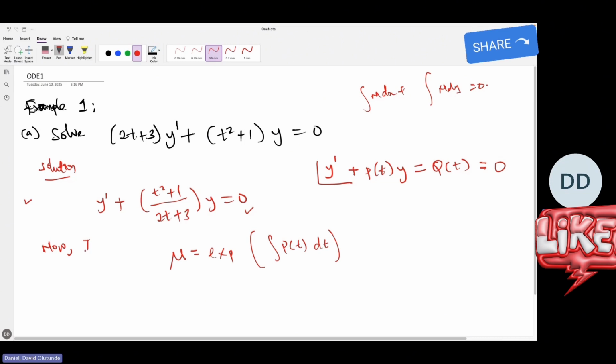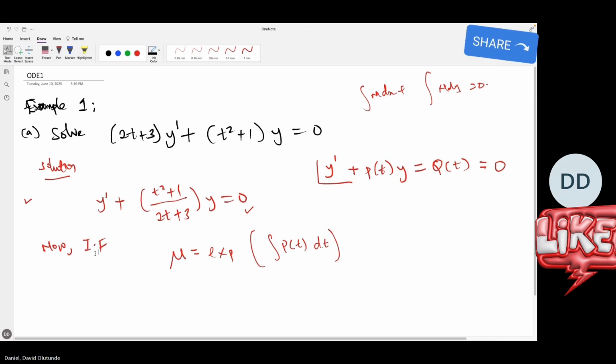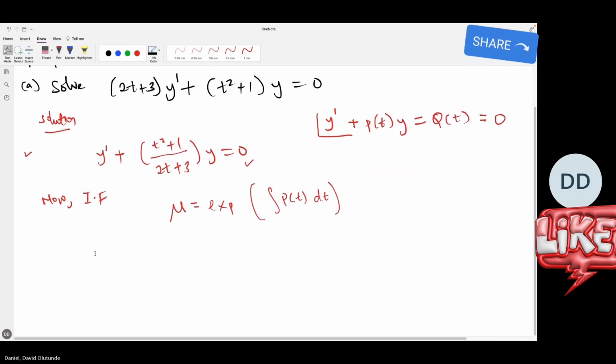So using the integrating factor, this is step by step for you to understand the logic of why we are not using any other method, but we are using this one. I already told you when you're dealing with that kind of expression, then you should use an integrating factor.